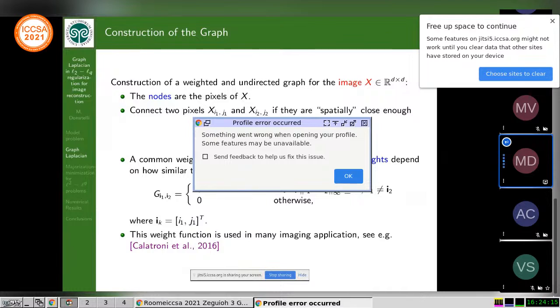And for the computational point of view, we decide to cut the Gaussian decay with a certain disk, according to this variable capital R that decides which neighborhood of the pixel is involved in the weight.